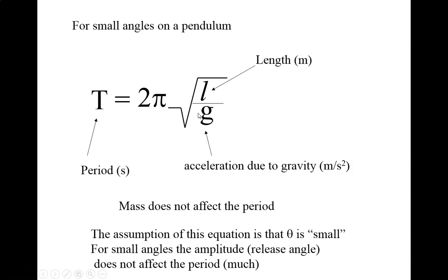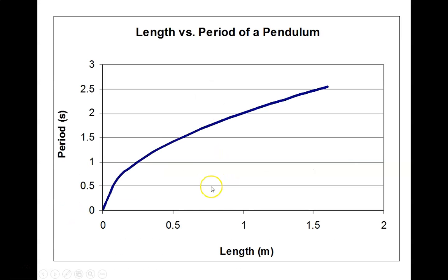And there is that square root function that we would have seen on those as well. So what we're missing is mass. We do not have mass in here. We also do not have theta. But again, this equation really only holds for quote-unquote small angles of theta, so probably up to 15 to 20 degrees is when it holds pretty well.